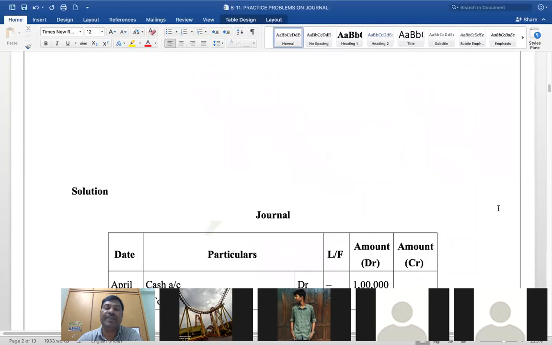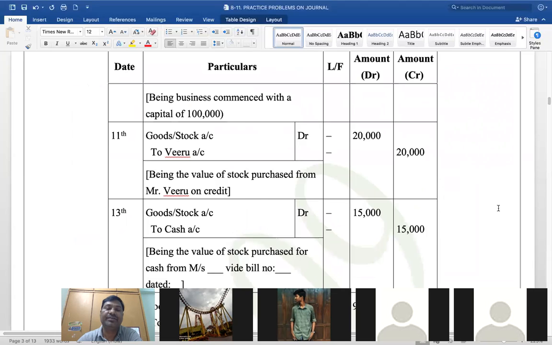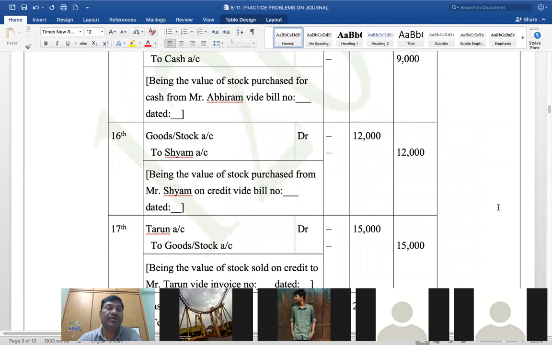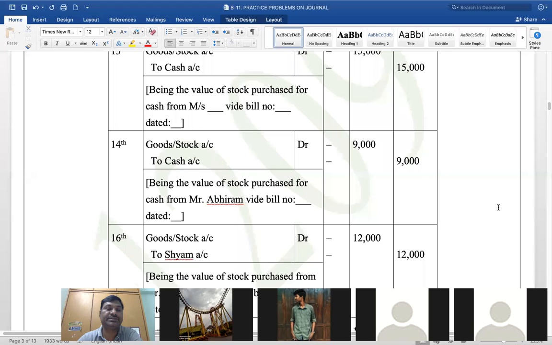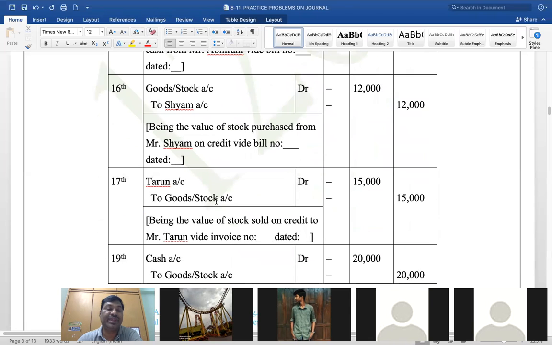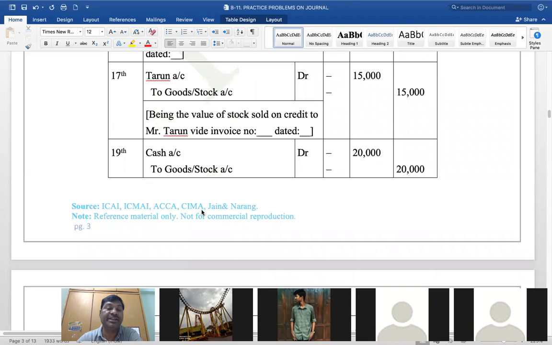You can write there goods account or purchase account, whatever you want. Right, next. 14th is over. Goods account to Sham, there's no cash here, and there's no cash on 17th. On 19th, there's cash.